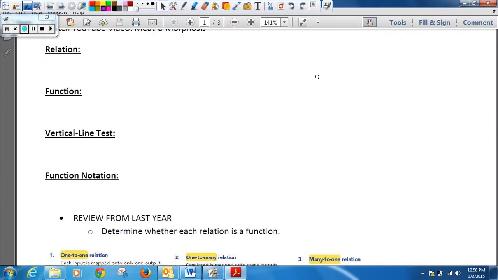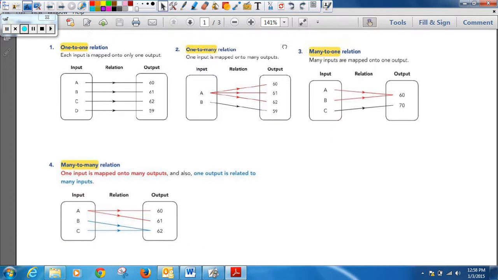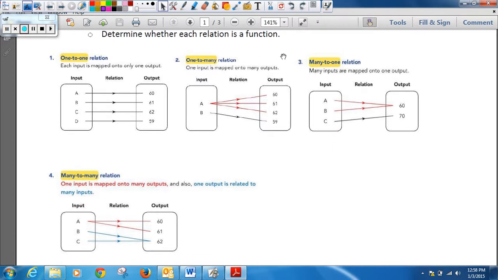Now we'll go ahead and review the different types of relations. There are 4 different types of relations, and you need to determine which one is a function. So if I look here, 1-to-1 is the first type of relation. Each one of the inputs goes to exactly one output.